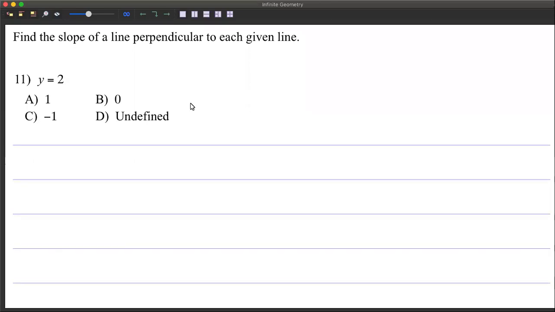Ooh, tricky. Tricky, but I'm going to do the same thing. I'm going to find the slope of the original, and then I'm going to do opposite reciprocal, right? That's how this works here. So I'll take a volunteer for this one. What is the slope of this original line, y equals 2, as it is? What's the slope of that thing?